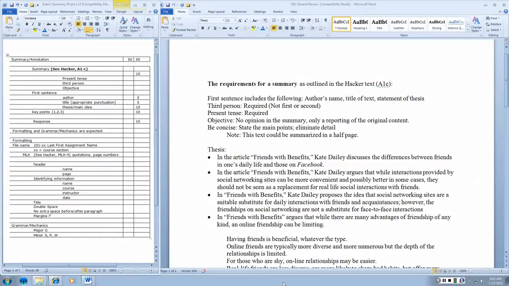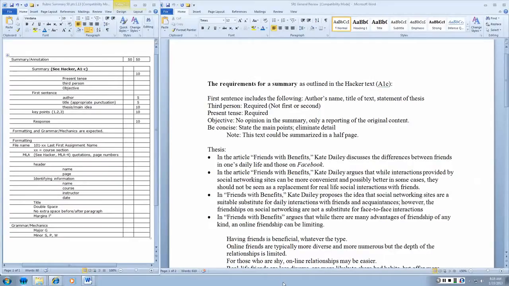Objective. The summary itself is not to include an opinion. The summary is a reporting of the original content. A rule of thumb is, would the author recognize the information that you provided in the summary as what was written in the original? And the next thing is that you should be concise.